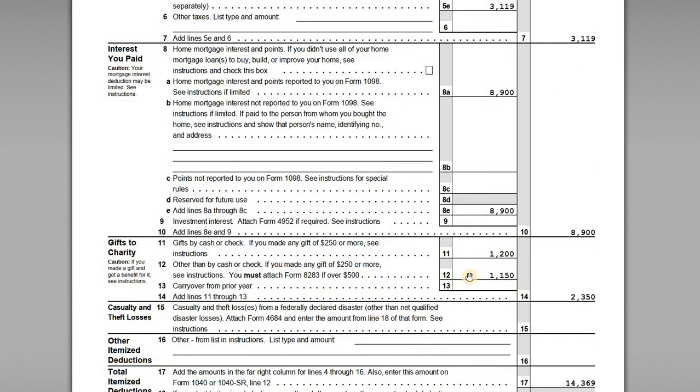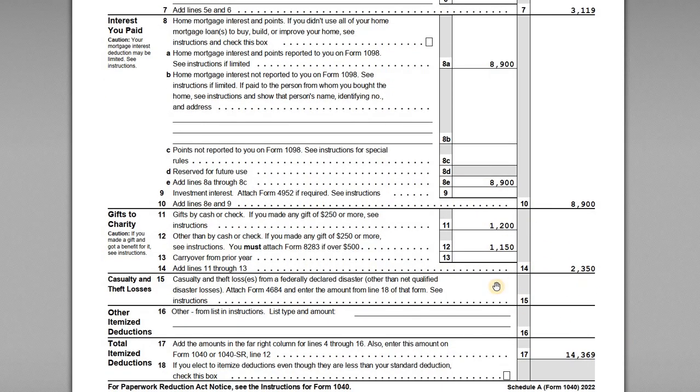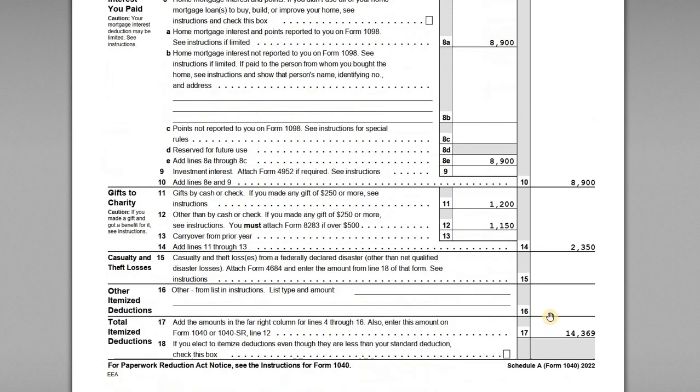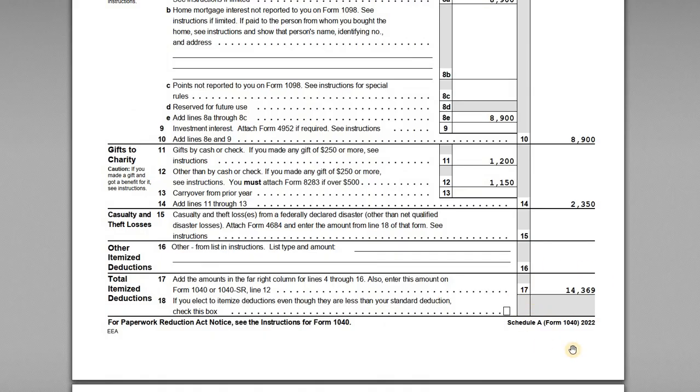So we can see there the 800 and the 350, so the 1150 total reported on line 12, gifts to charities. And so that's included with his overall itemized deduction. So we also donated some cash to some other charities, and he's got his other mortgage interest, taxes. So John's total itemized deductions there are $14,369. That includes the non-cash charitable component.